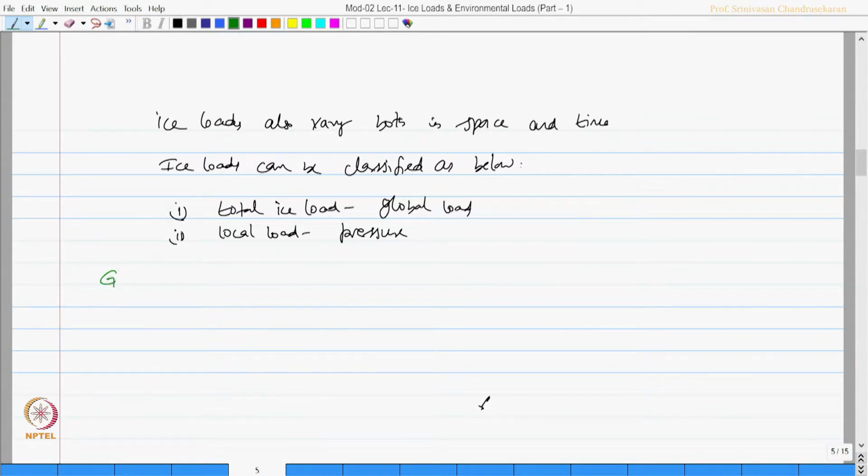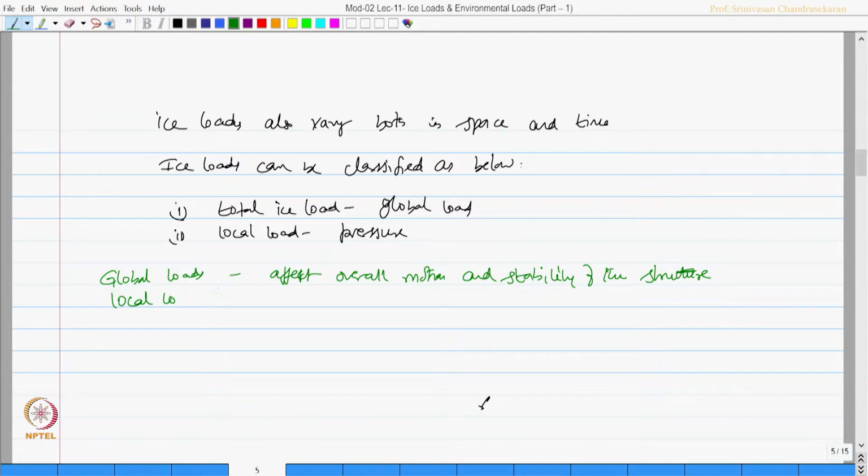Interestingly, the global loads affect overall motion and stability of the structure, whereas the local loads affect members at local points, or let us say critical sections.